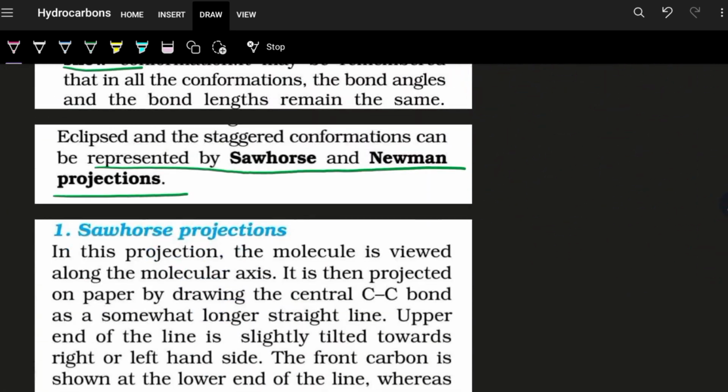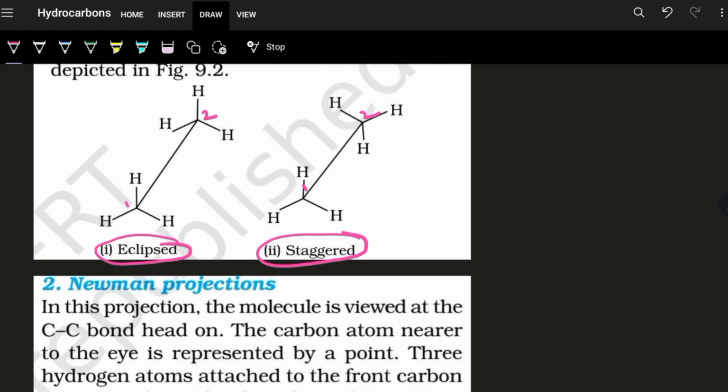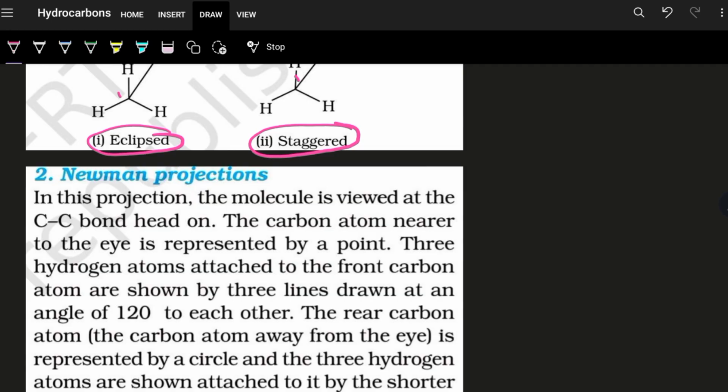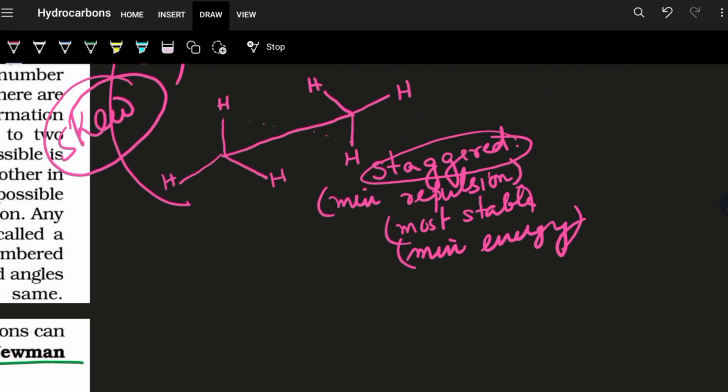So this is the sawhorse projection, just the way I told you. This is your C1, this is C2, and I hope you can understand why this is eclipsed and why this is staggered. Now seeing this as a Newman projection, keep in mind, we just don't show the carbon-carbon bond.